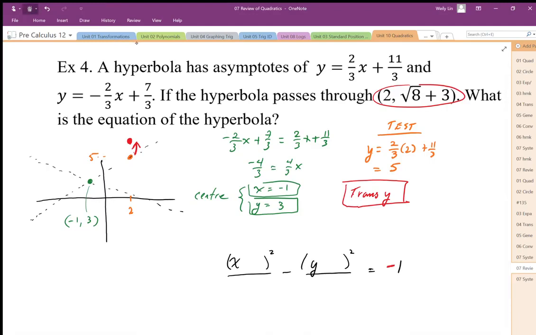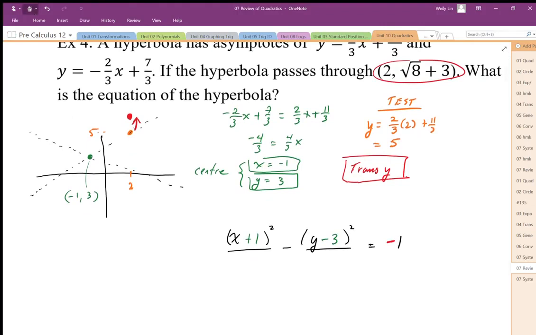I'm going to plug in my center, so it's plus 1 and minus 3. And then what's left is that I have my a and b values to solve for, so I have a squared and b squared.